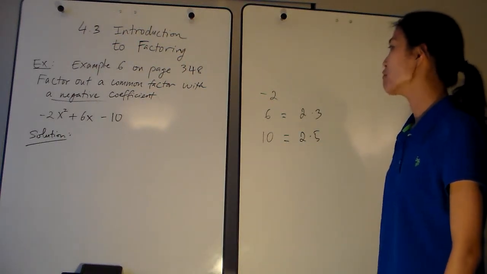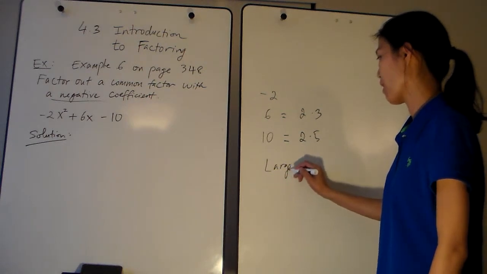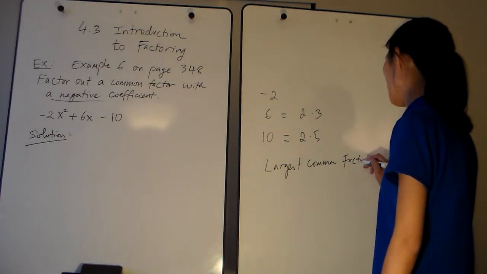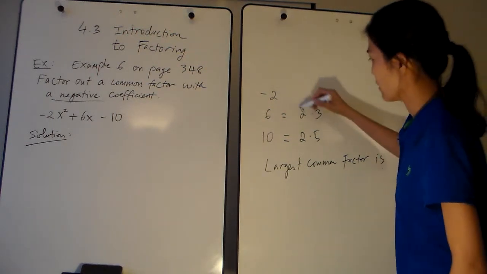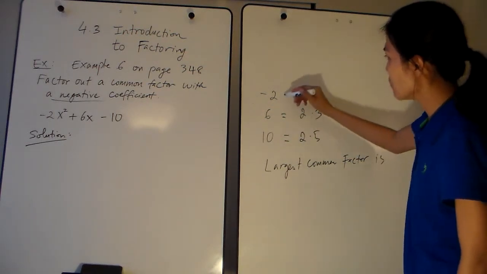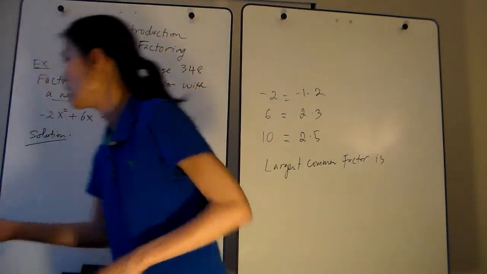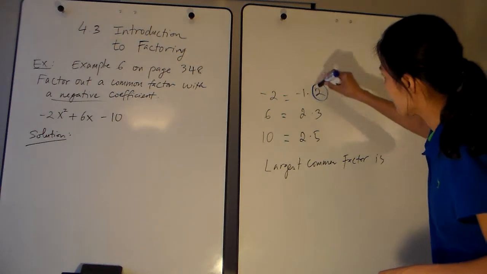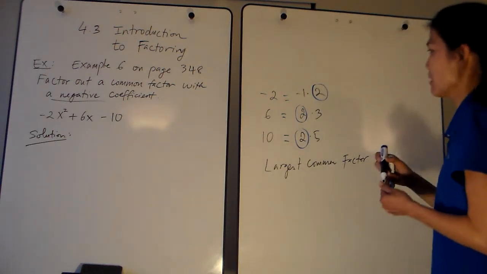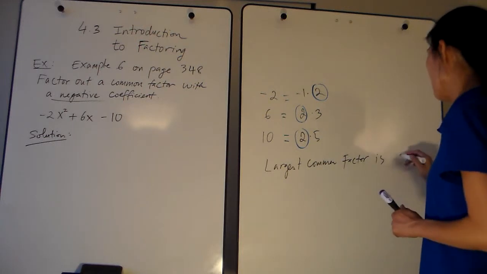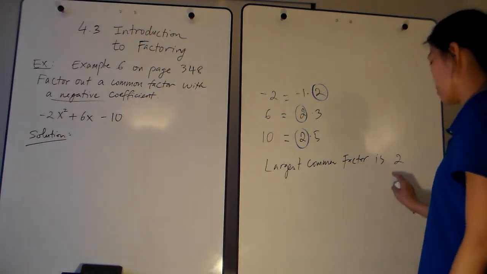So the largest common factor is 2, right? For these three terms, 2 is the only factor that is common to all these three, and is the largest common factor for all three. So the largest common factor is 2.